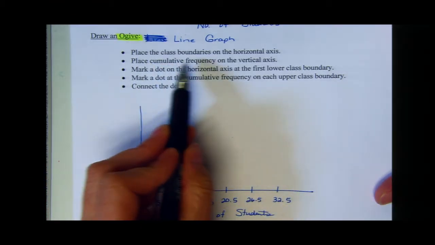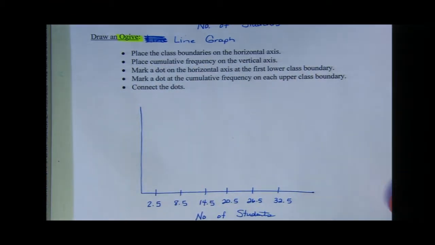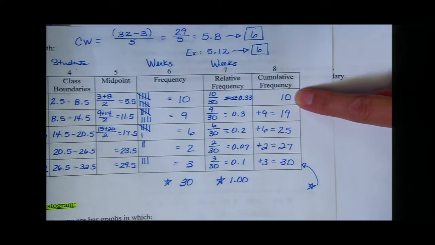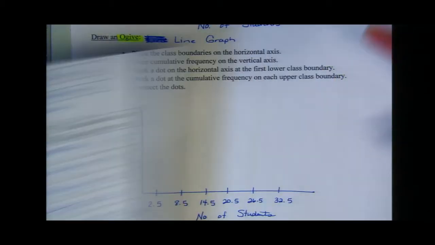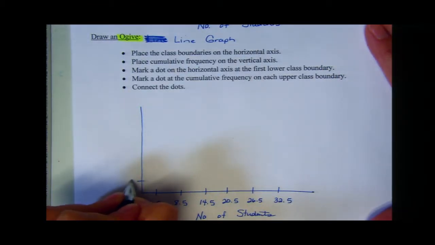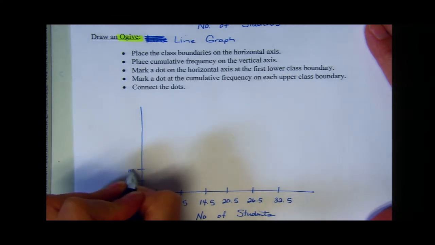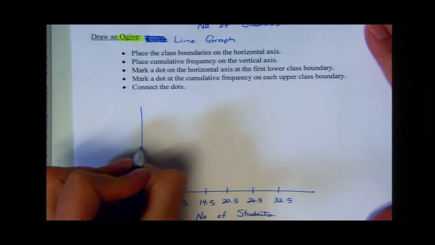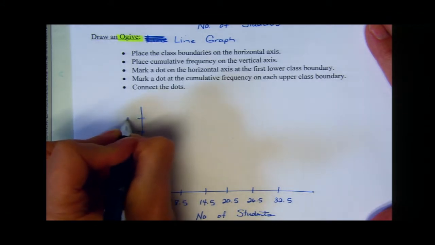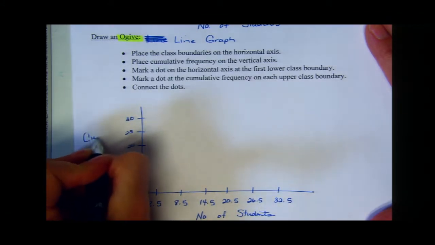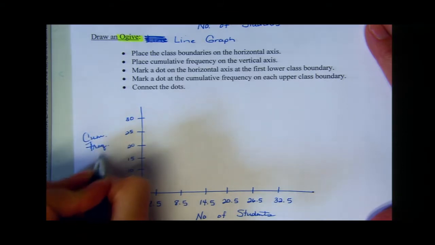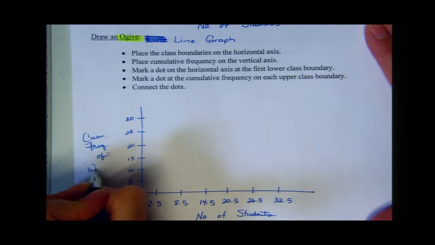Place the cumulative frequency on the vertical axis. So here's my cumulative frequency, which starts with 10, goes up to 30. So I need this to go up to 30, so I might go by 5s. So 5, 10, 15, 20, 25, 30, and this is cumulative frequency of weeks.